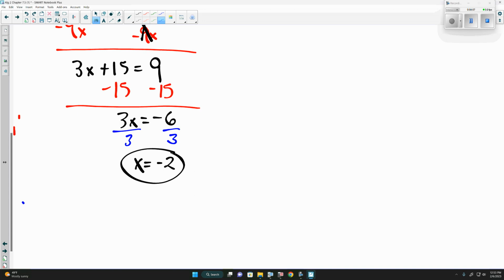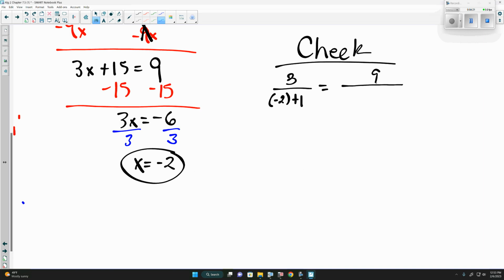Now, one thing we can do is check to make sure that this is the correct answer. Check to make sure that they work. All that entails is just plugging it back in and seeing if these are indeed equal.